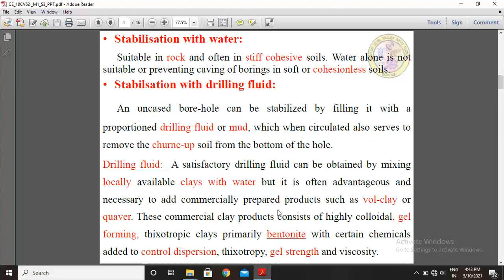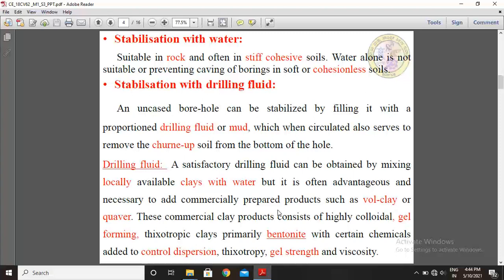What do you mean by stabilization with water? It is suitable in rock and often in stiff cohesive soils. Water alone is not suitable for preventing caving of borings in soft or cohesionless soils. This is the explanation for stabilization with water.